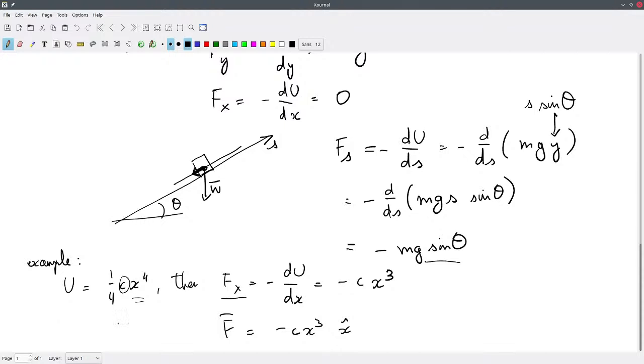So in this case, c is just a constant, essentially taking the role of k in our spring force.